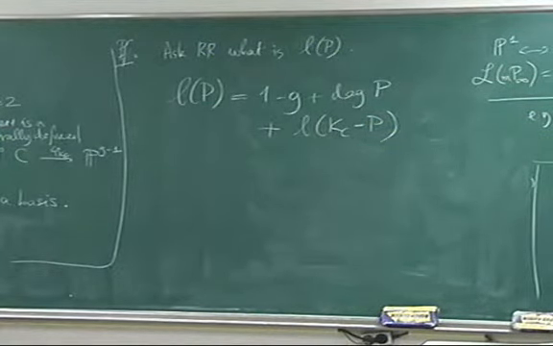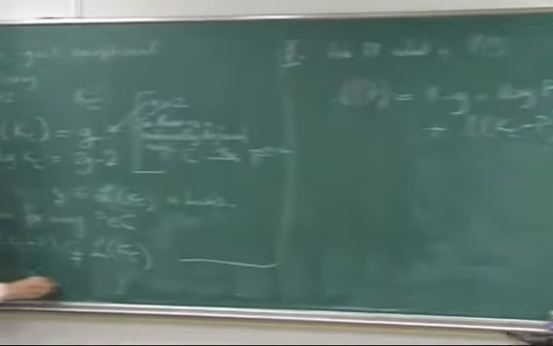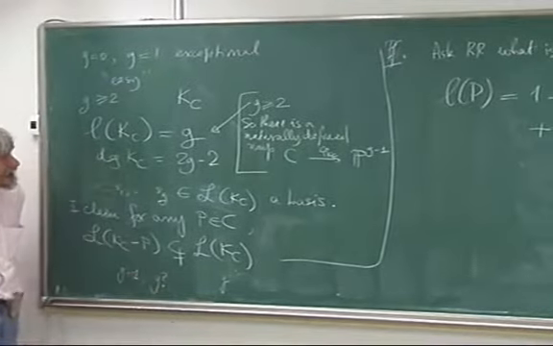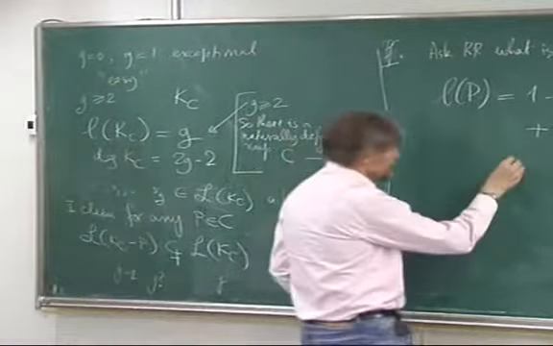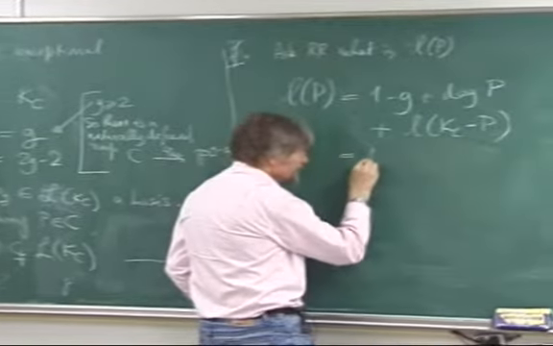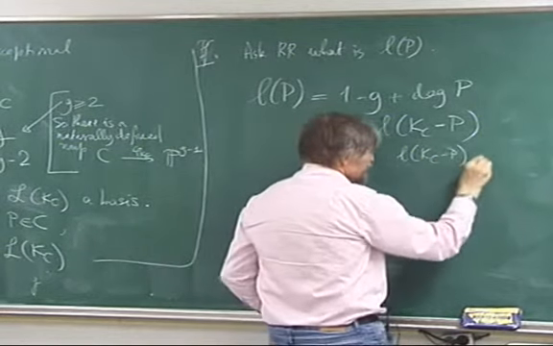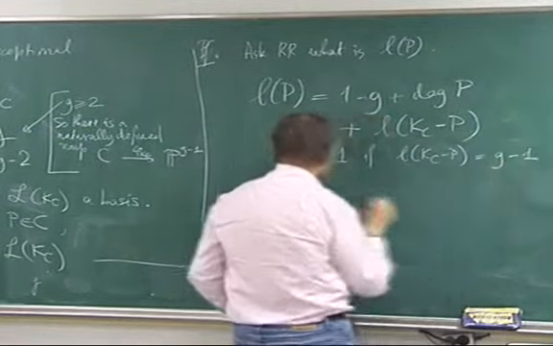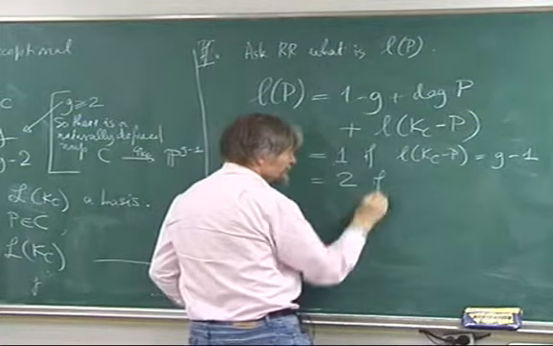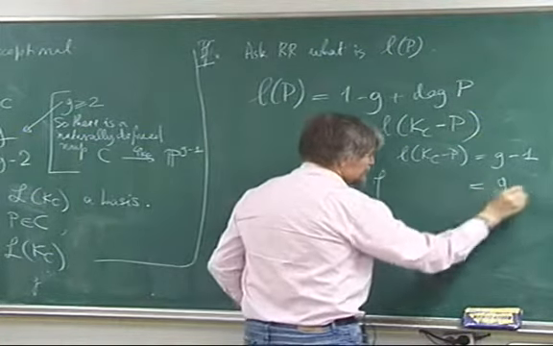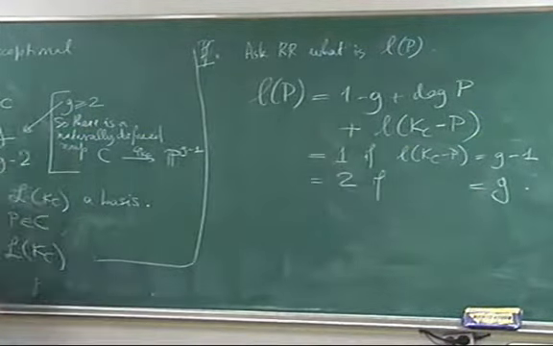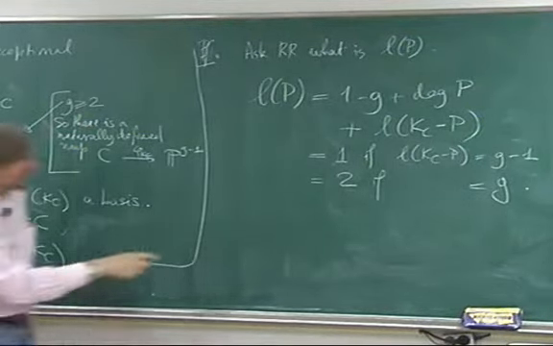So this guy is G-dimensional. There are two possibilities. This guy could be G minus 1, or he could be G, possibly. Right? And so this tells me this is equal to 1 if L of Kc minus P equals G minus 1, and it's equal to 2 if this is G. Yeah, so I'm just doing arithmetic here.